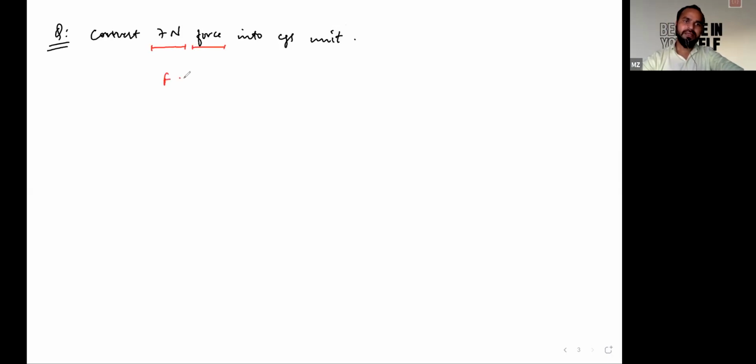So just write F is equal to 7 Newton. This particular 7 is nothing but the numerical value in the measurement of the first system of unit. So we can call it n1 is equal to 7.